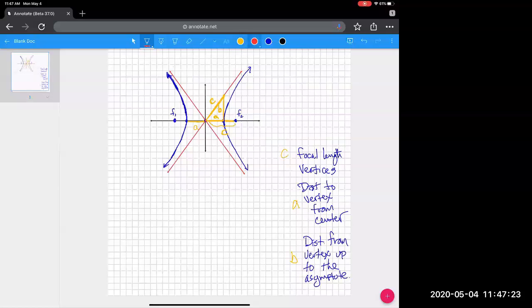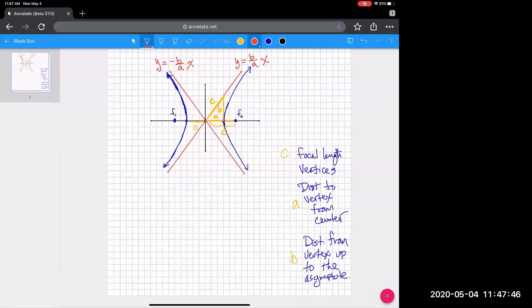So the equation for this line, since it goes through the origin, is y equals b over a times x. And the equation for the left line, since it's downhill, is y equals negative b over a times x.